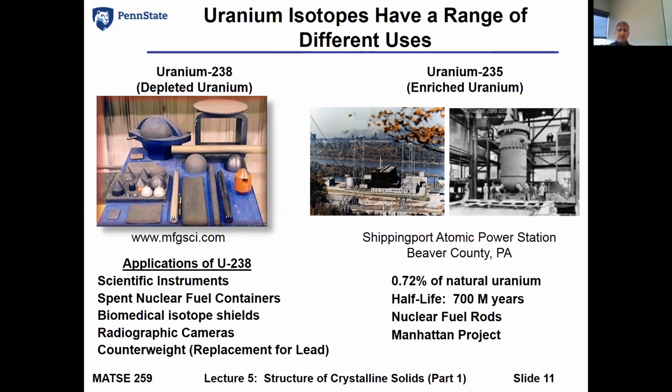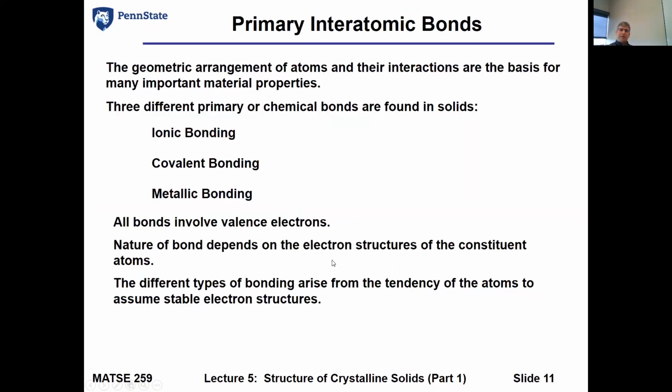It's since been decommissioned, but it was really the first commercial use here in Pennsylvania of enriched uranium. But we see the range of different uses just by changing a couple neutrons or taking away or adding a couple neutrons to the material.